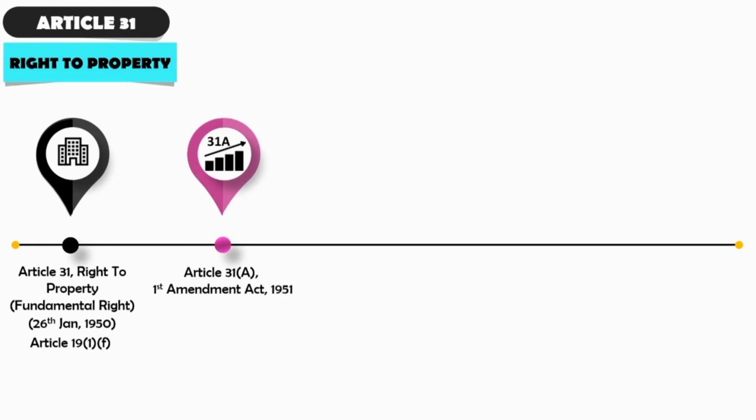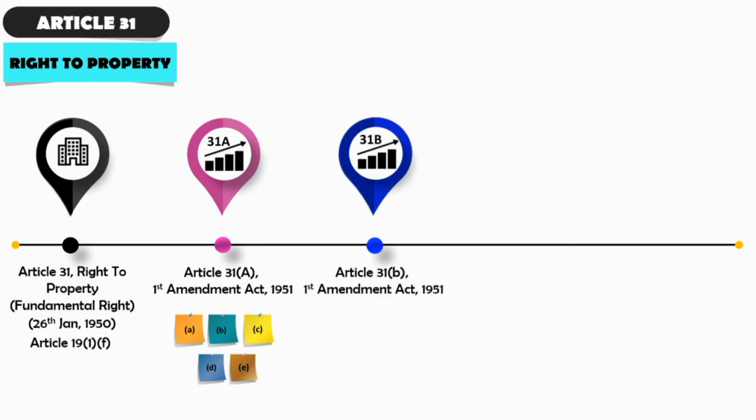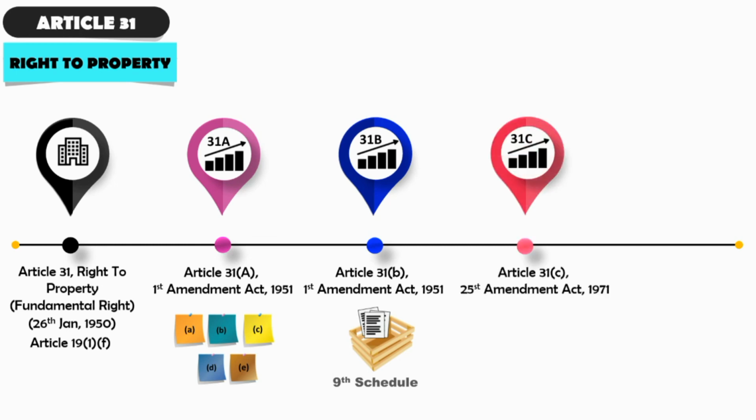For the first time, it was amended by the First Amendment Act of 1951, when Article 31A was added, in which 5 points were mentioned under which the government could acquire the property. By the First Amendment itself, Article 31B was also added, in which the 9th Schedule was introduced. After that, Article 31C was added by the 25th Amendment Act of 1971, in which immunity was given to Clause B and Clause C of Article 39.